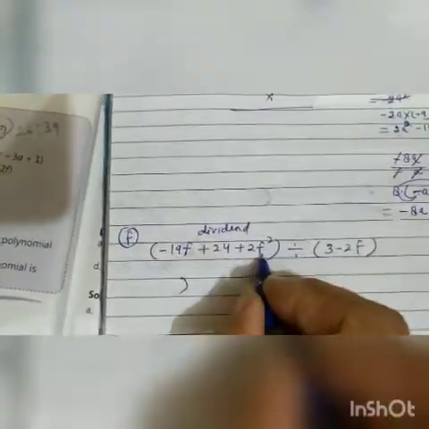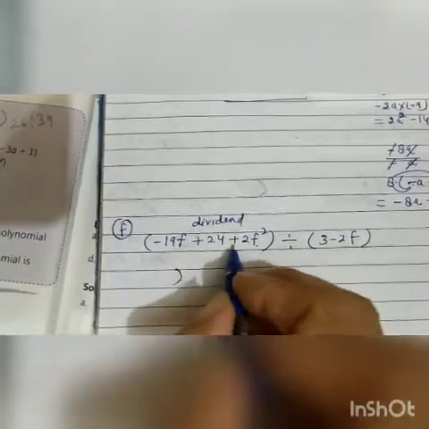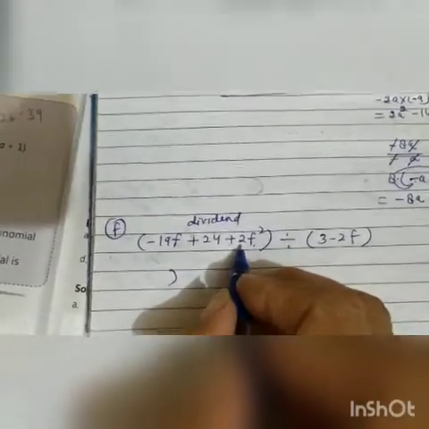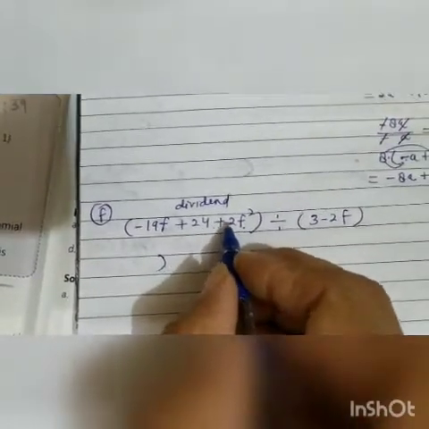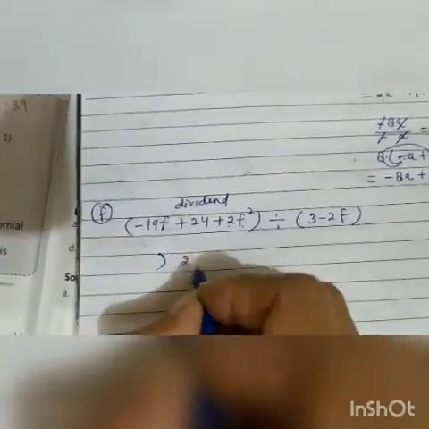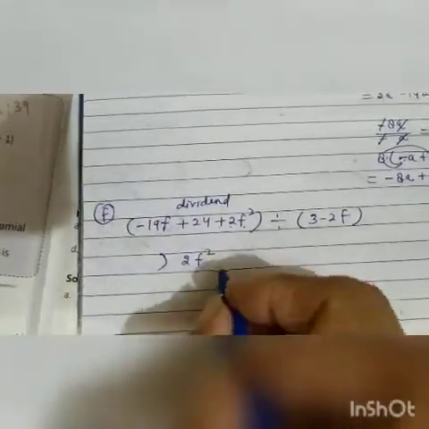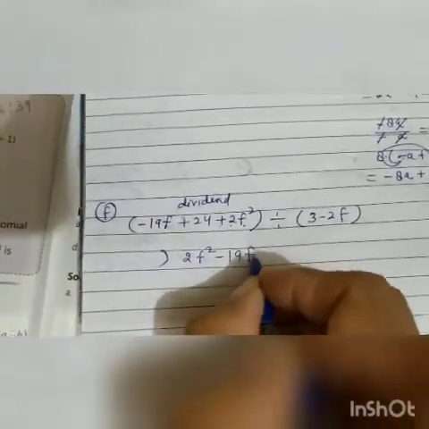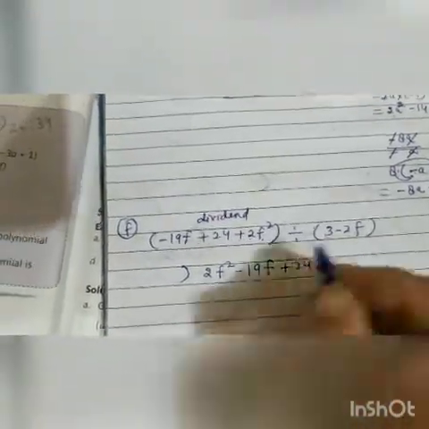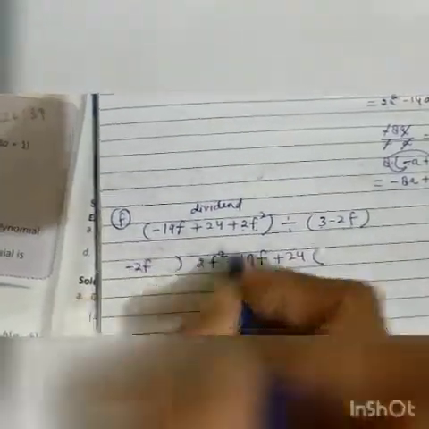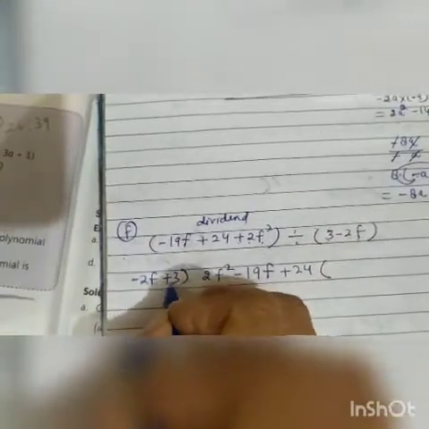First we will write it in descending order of powers. What is the largest power? It is plus 2f square. We will write 2f square, then minus 19f, then plus 24, and the divisor will be written as minus 2f plus 3.